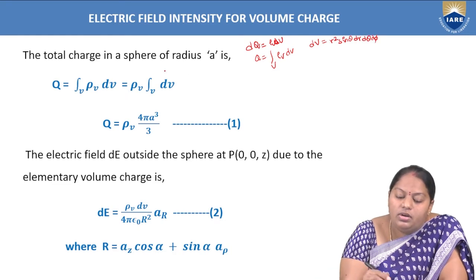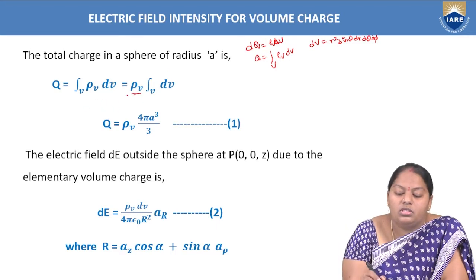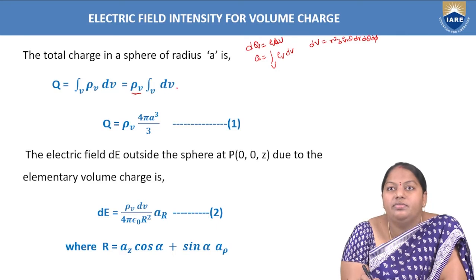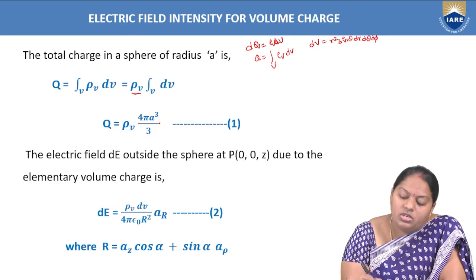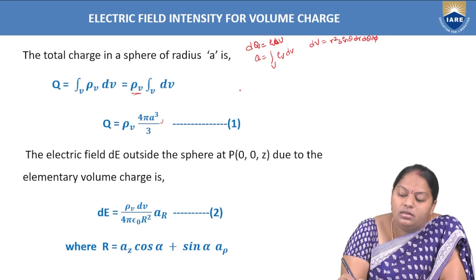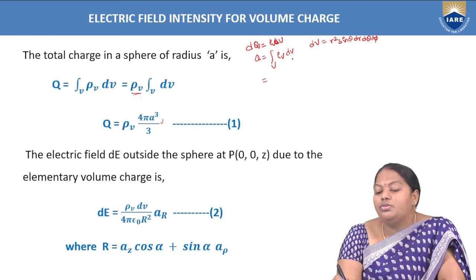If we consider rho v as a constant, rho v times the integral of dv, then evaluating this, the formula becomes rho v into 4 pi a cube by 3. So how has this equation come about?